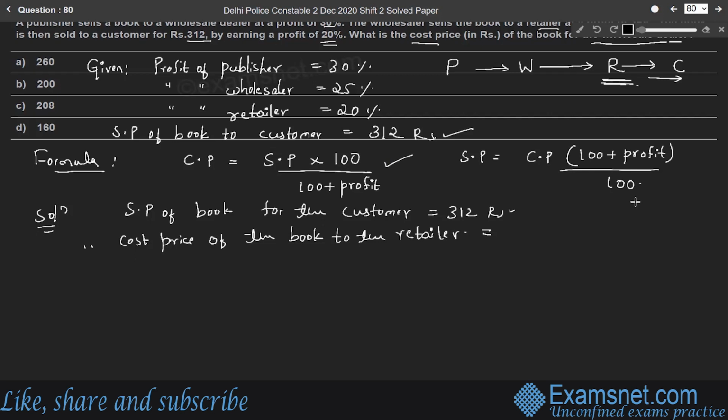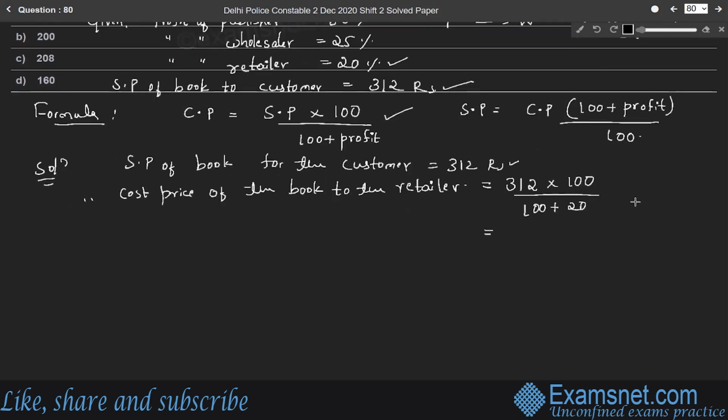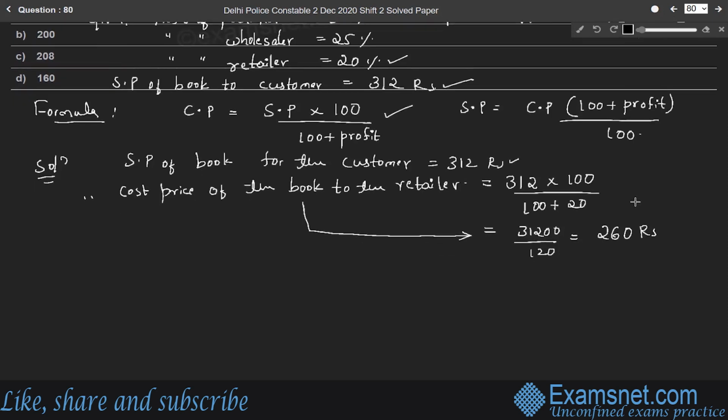Selling price, which is 312 rupees, into 100 divided by 100 plus profit. So the retailer gains 20% profit, hence it is 100 plus 20, right? So which becomes 31,200 by 120. So you will get 260 rupees. So the cost price of the book to the retailer is equal to 260 rupees.